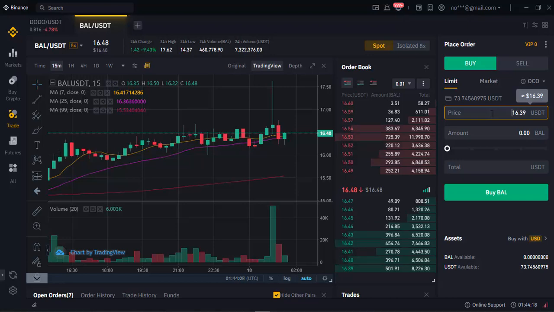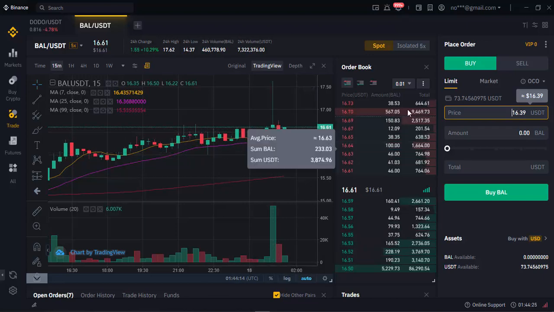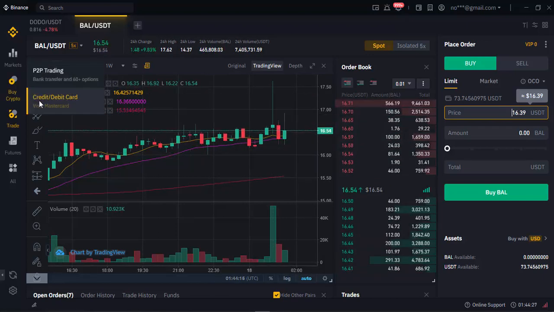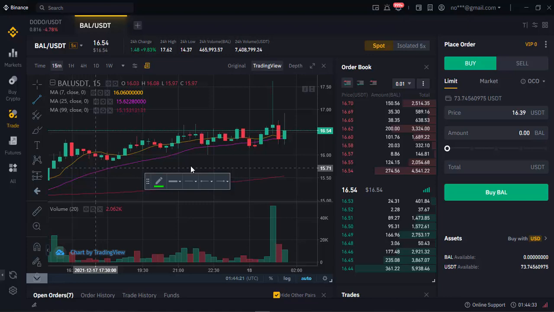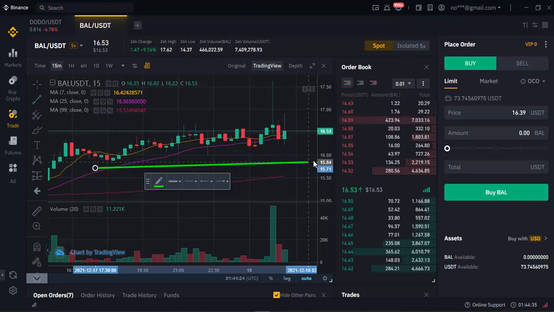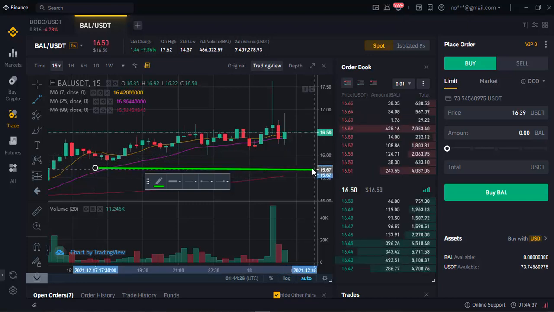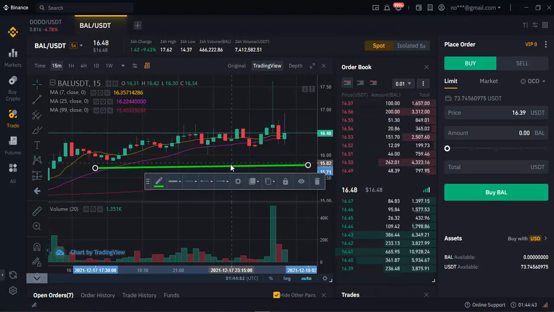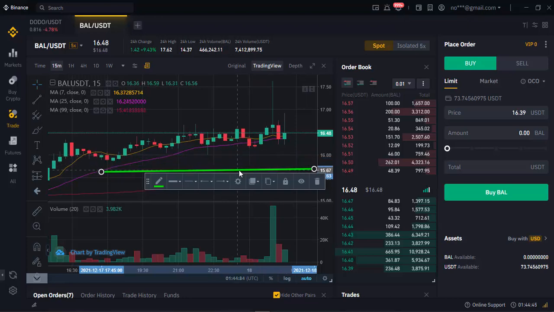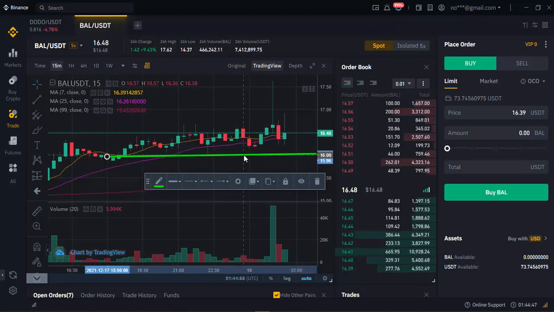Example, assuming we want to wait until this coin comes back to, let's say, something like $16. We can say, okay, this is where $16 is.